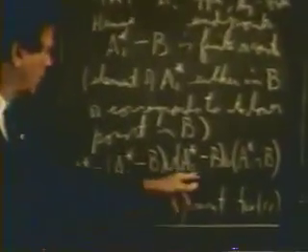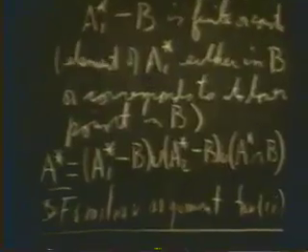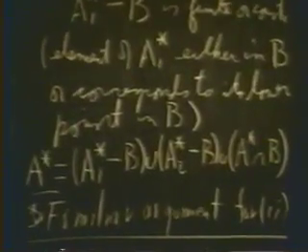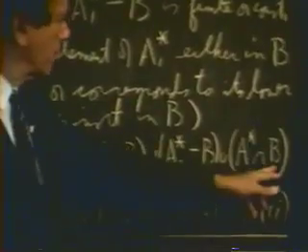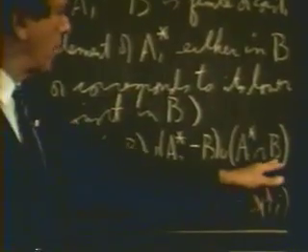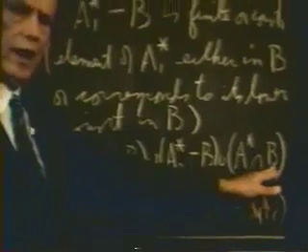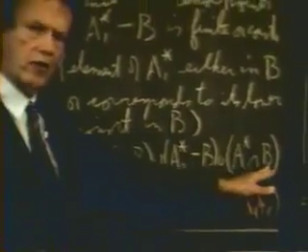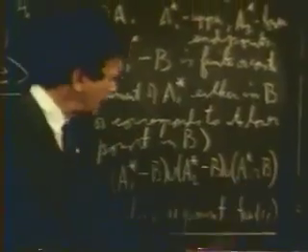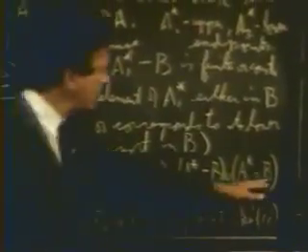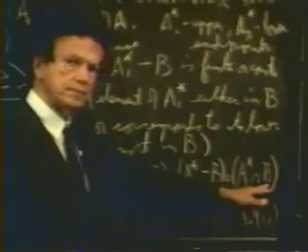That's the set of lower endpoints. But we now use two familiar facts from elementary set theory. First, the intersection with a finite or countable set is itself a finite or countable set, no matter what the intersecting set is. So A starred intersection B is finite or countable because B is finite or countable.